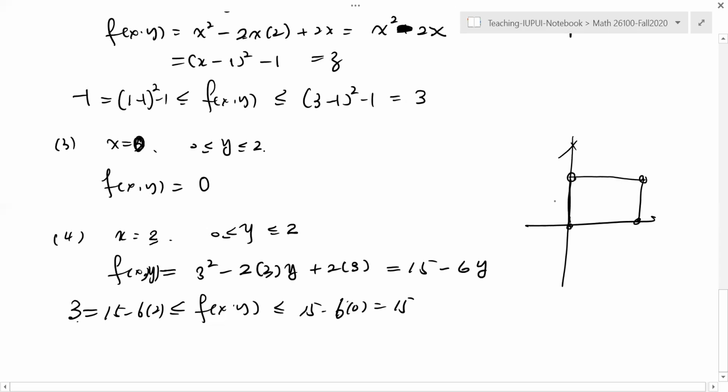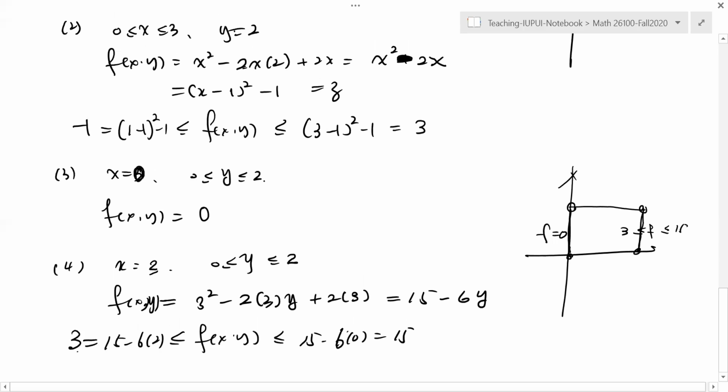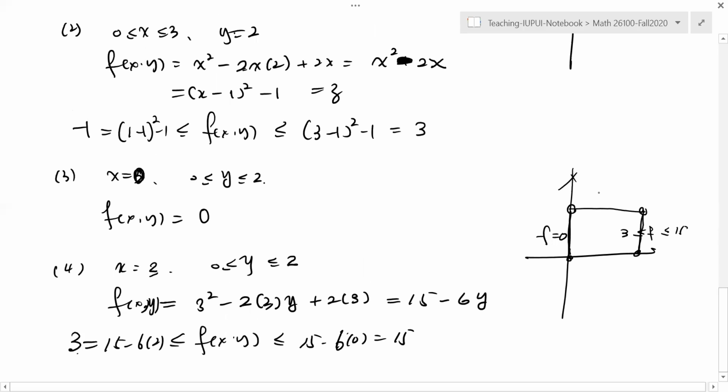The function is always equal to 0 along this line. And around this line, the function is between 15 and 3. Along the boundary when y equals 2, f is between 3 and -1 somewhere.